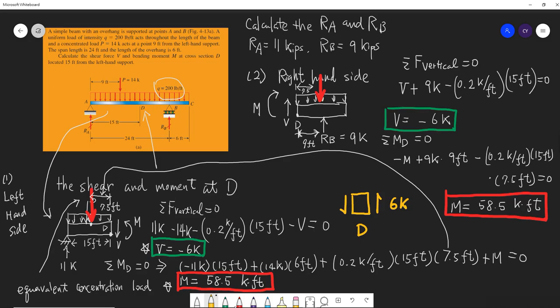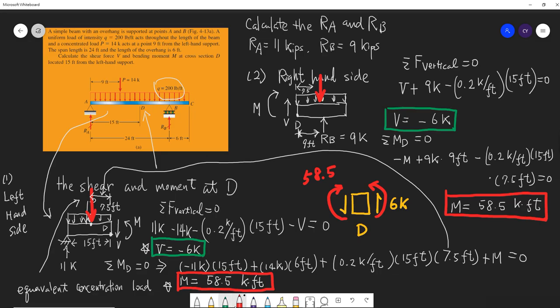And the moment is positive, so positive is like this. The moment is equal to 15.5. This is the moment.